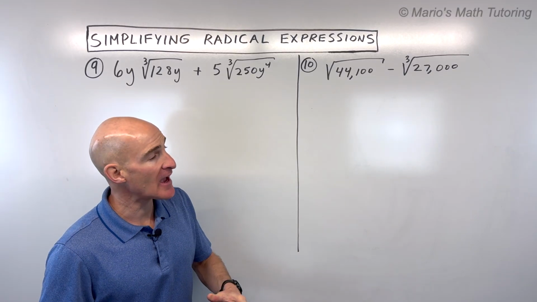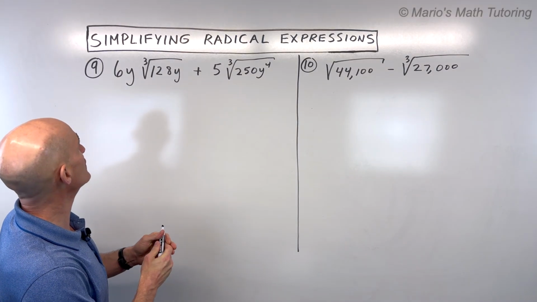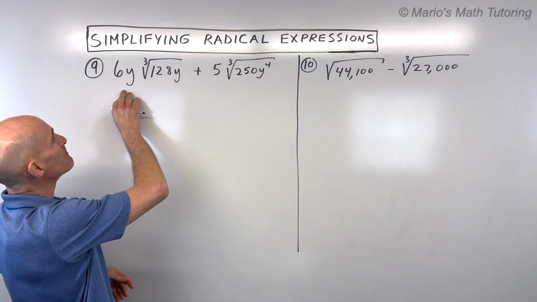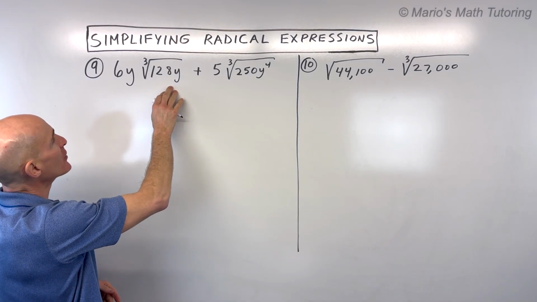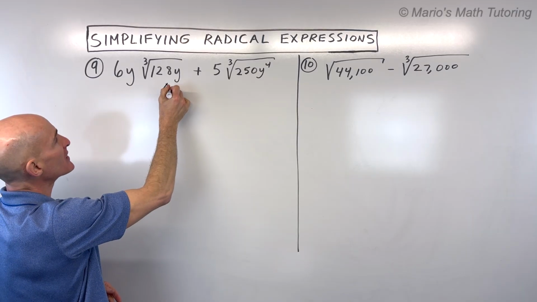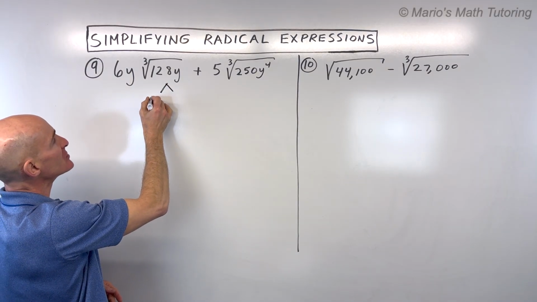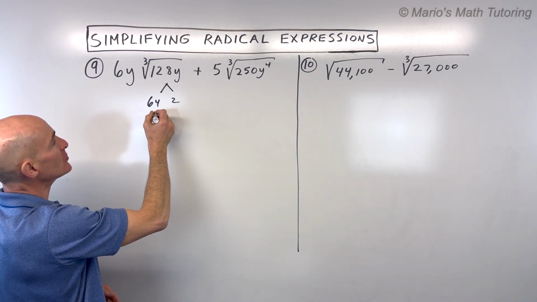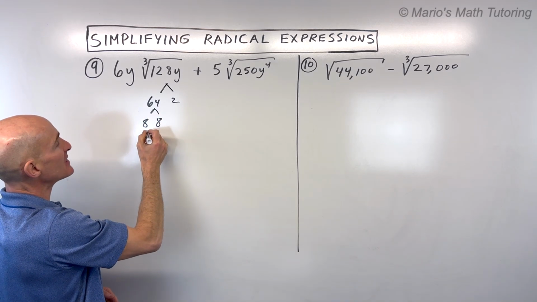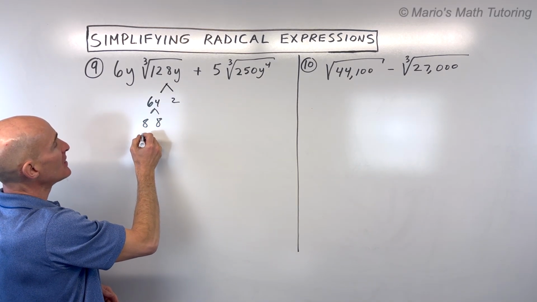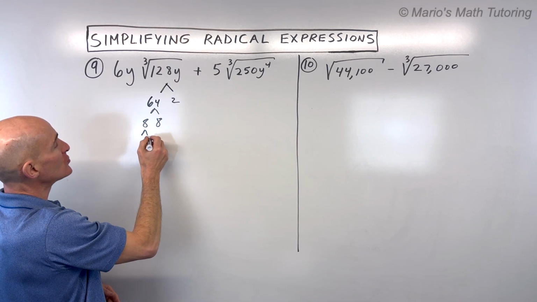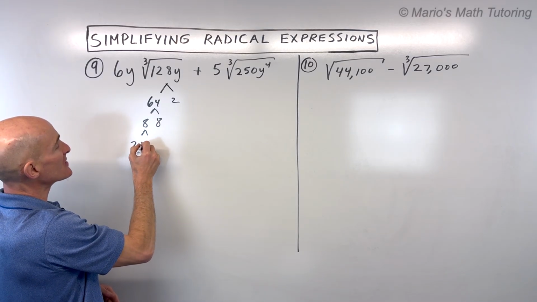So let's dive into the last examples here, and then we'll finish off this video. Number 9, we've got 6y times the cube root of 128y. So what we're going to do is break down this 128 into 64 times 2, and 64 is 8 times 8. And I know 8 is 4 times 2, and 4 is 2 times 2. So this is like 3 2s.